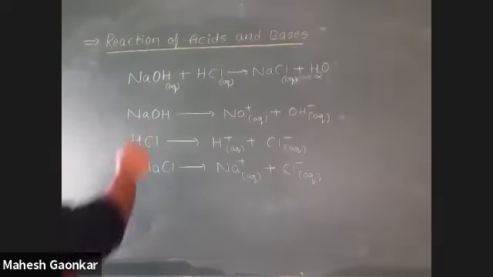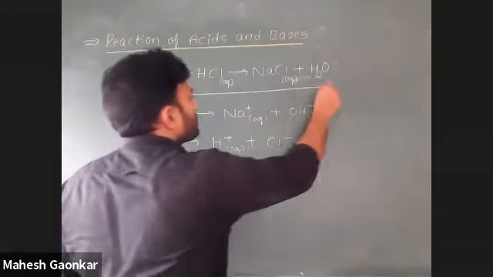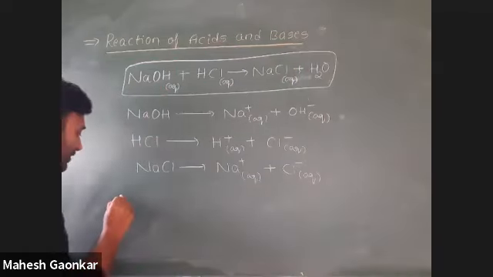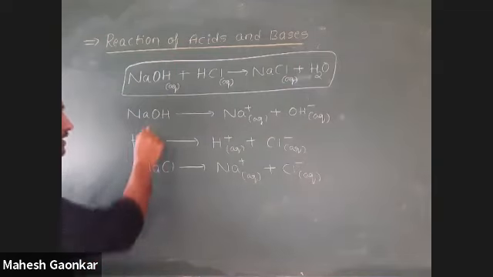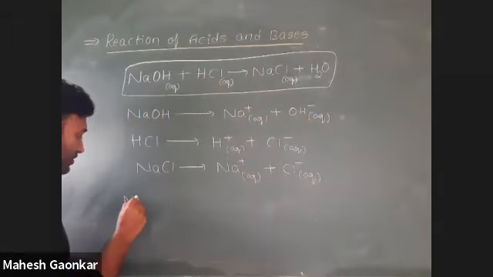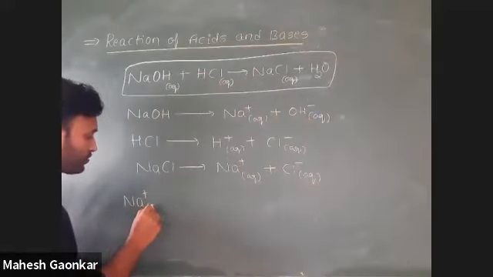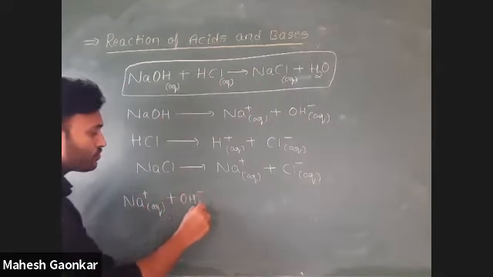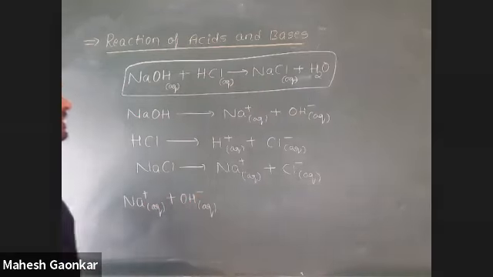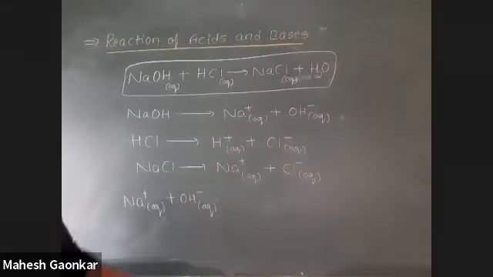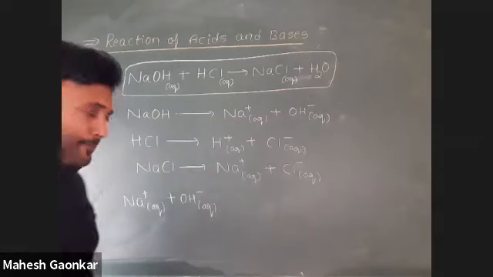Now this reaction, NaOH plus HCl gives NaCl plus H2O, can also be written as NaOH dissociating into Na plus aqueous plus OH minus aqueous, right? Then we can write HCl as H plus aqueous plus Cl minus aqueous, because in aqueous solution they dissociate completely.